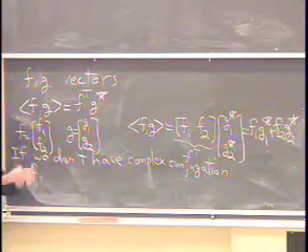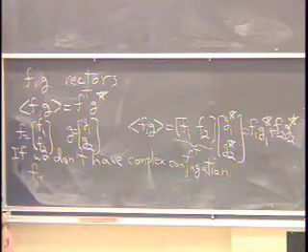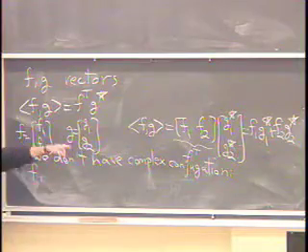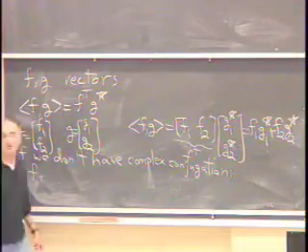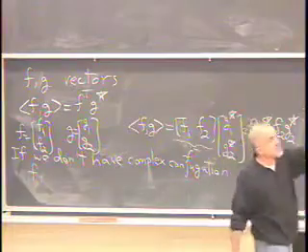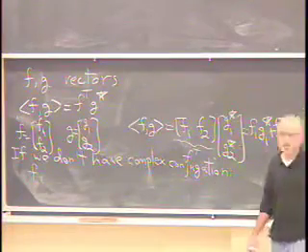But now we're moving into a context where we have not only signals x that can be complex valued, but our ck's are complex valued. They're complex exponentials.